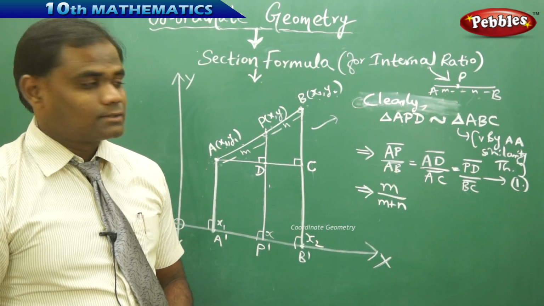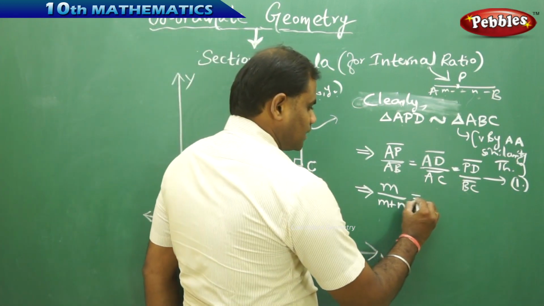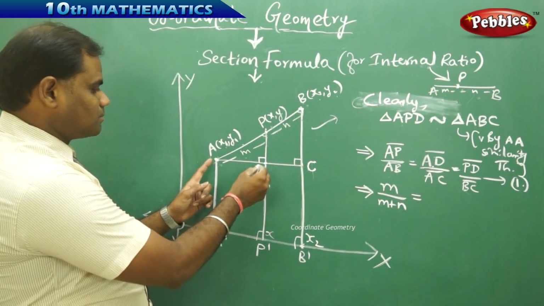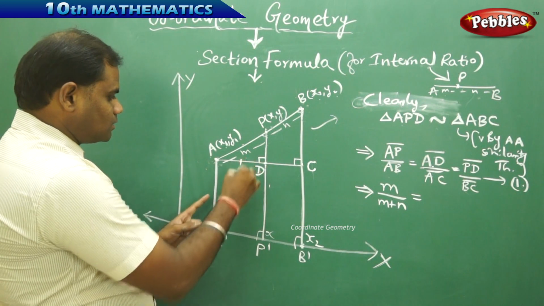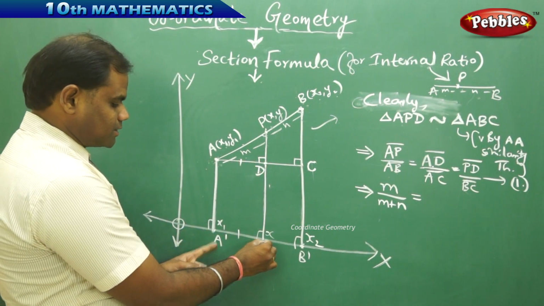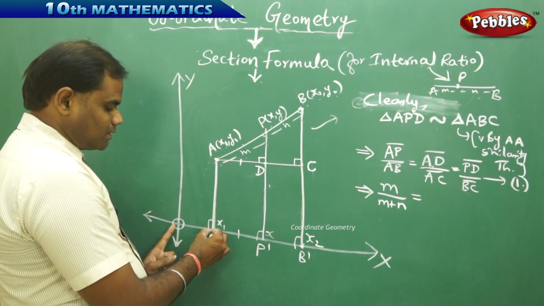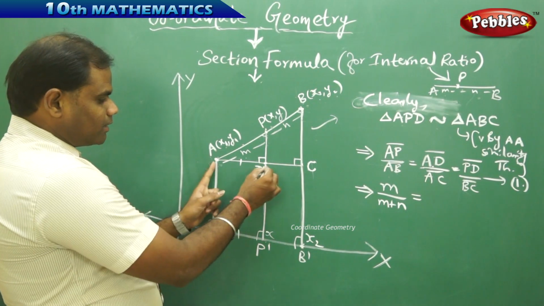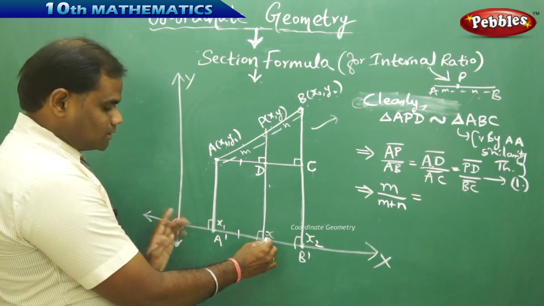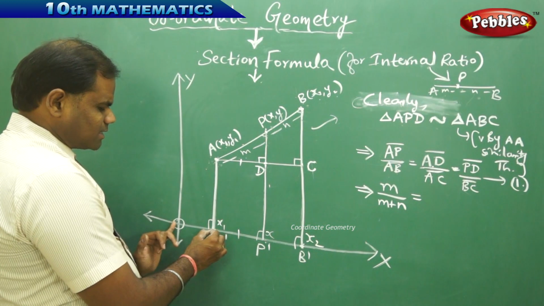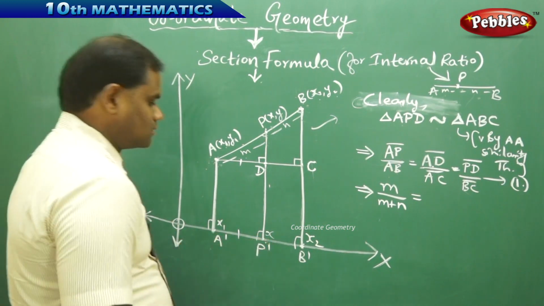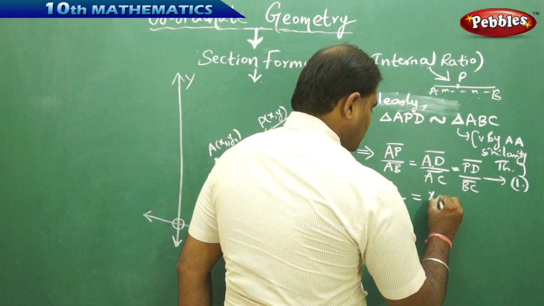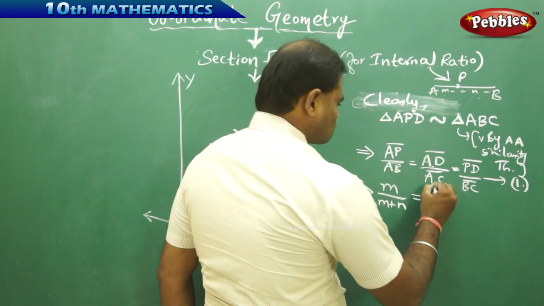And similarly, my AD is equal to A dash P dash, which is x minus x1. So this can be taken as x minus x1.